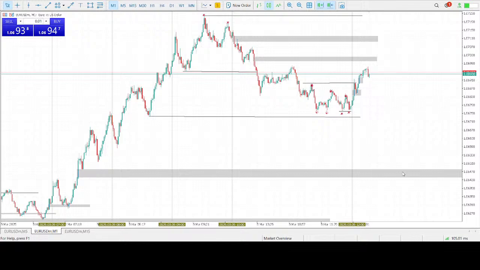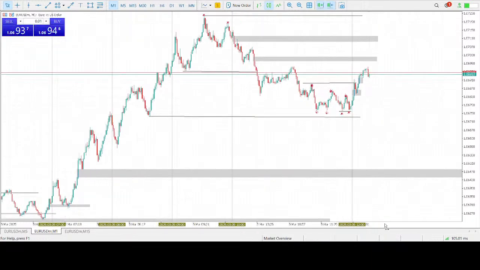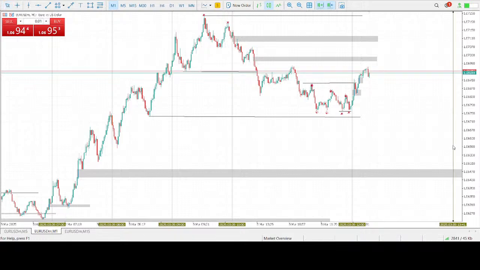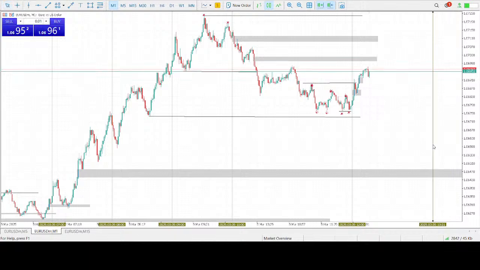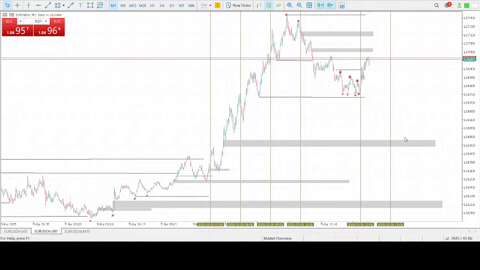So either it reacts off of this or runs this out, and then we wait and see if it does return back to this level during the same New York Open. We'll try as much to not rush the outcome and try to wait for price to give us an actual reliable entry.